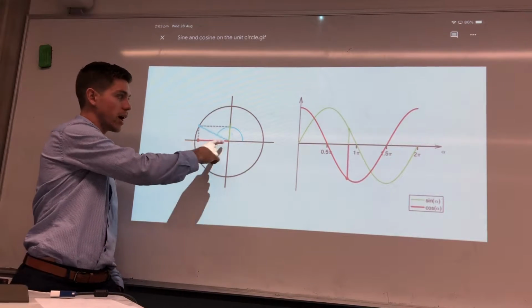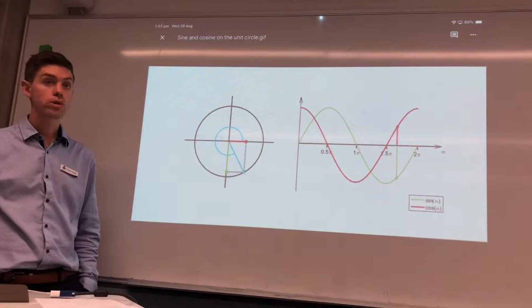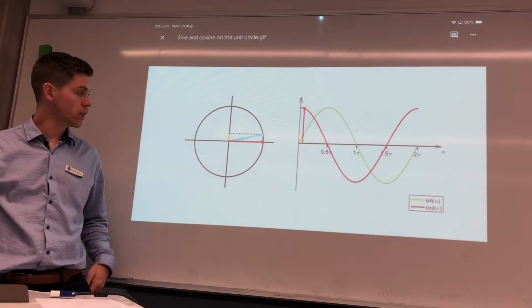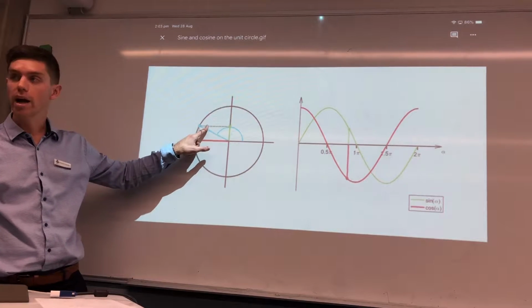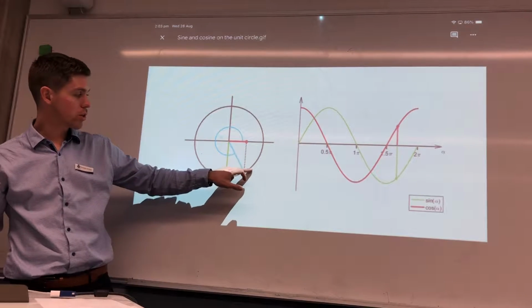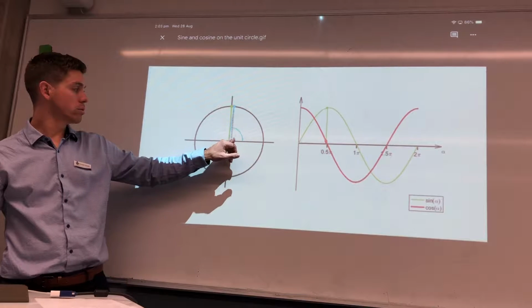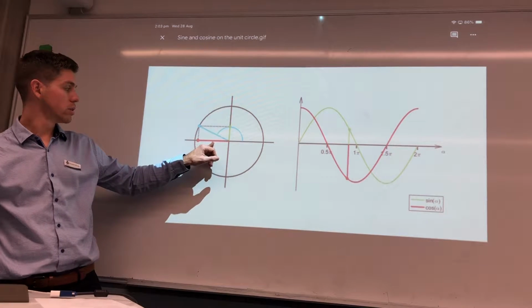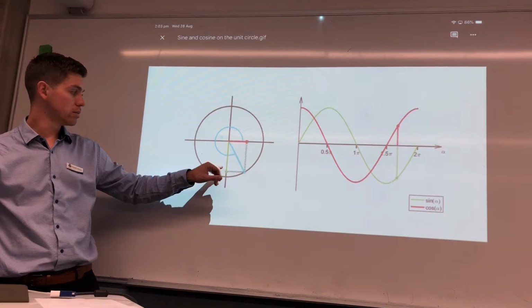What is this red line here representing? Cosine, or our x coordinate of this moving right angled triangle. So wherever this position is on the unit circle, it's tracing out a right angled triangle for the corresponding alpha angle here.